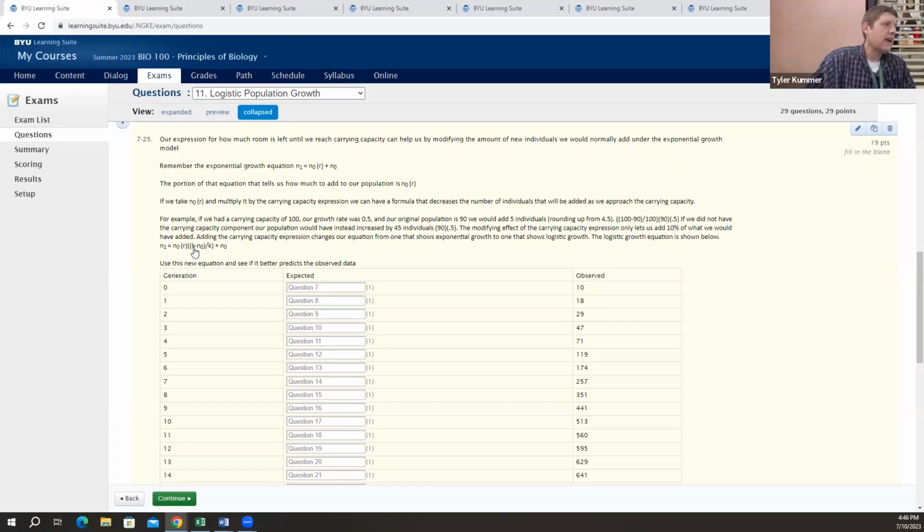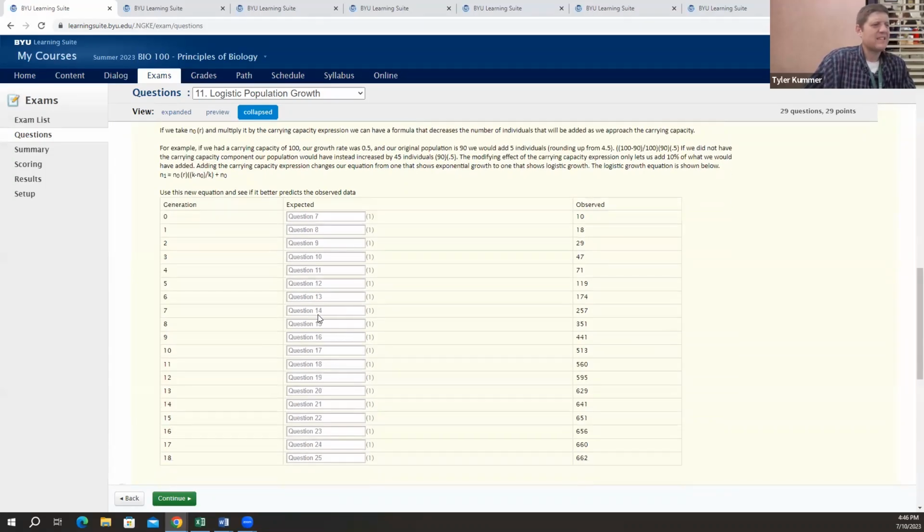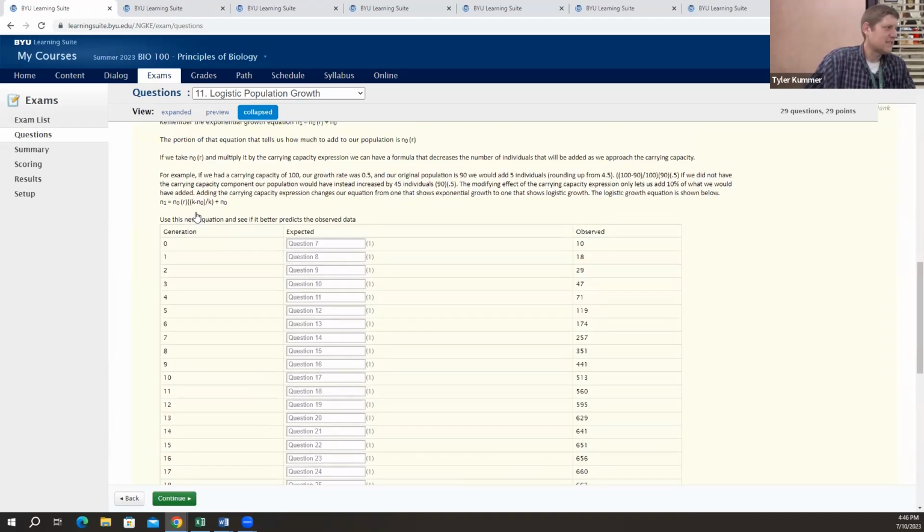Well, we can modify the percentage of that 8 that we're going to add by seeing how much room we have left. So we put a 10 in there, and we look at our carrying capacity. 660 kind of looks like a decent number for that. So 660 minus 10, so that's 650, divided by 660, something like 97% of the room left. We're still going to add 8 individuals.